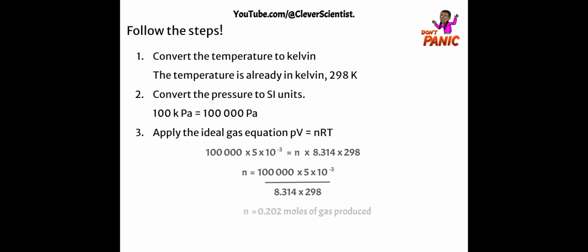And this time we've been asked to calculate mass. And in order for us to calculate mass, we need to work out the number of moles of gas produced first. So we rearrange the equation, we make moles the subject, we pop our numbers in the calculator, and we get 0.202 moles of gas produced. So we're nearly there.